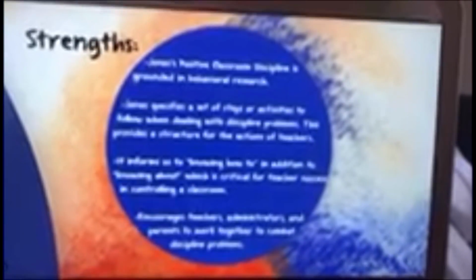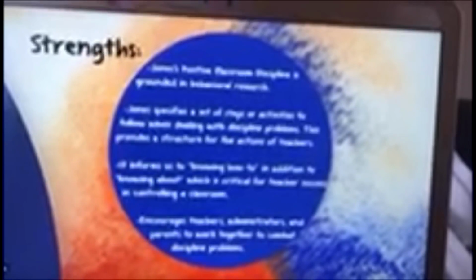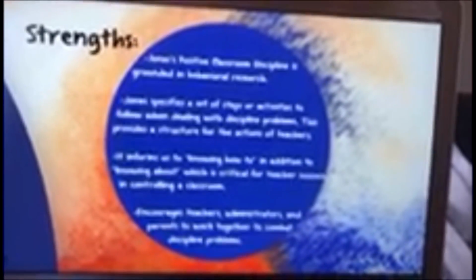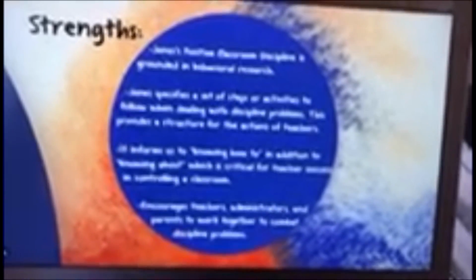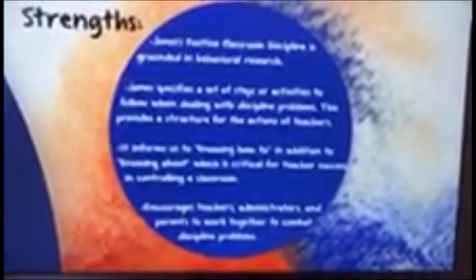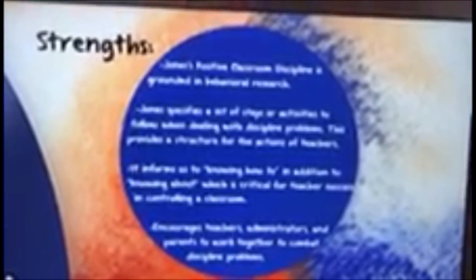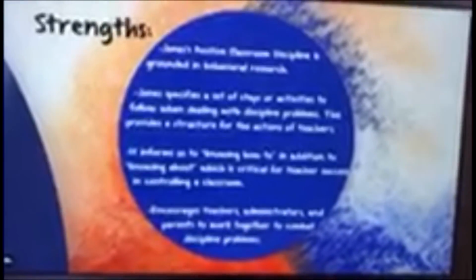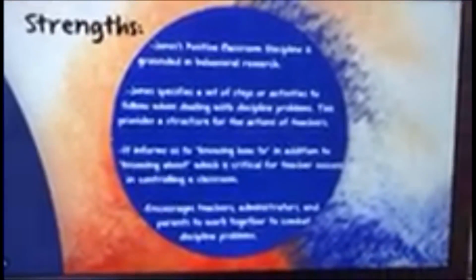This provides a structure for the action of the teacher. It informs us to knowing how to, in addition to knowing about, which is critical for teacher success in controlling a classroom. It encourages teachers, administrators, and parents to work together to combat discipline problems, which I think is very important.